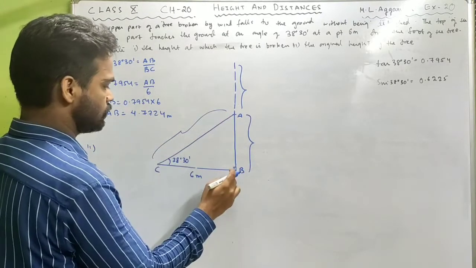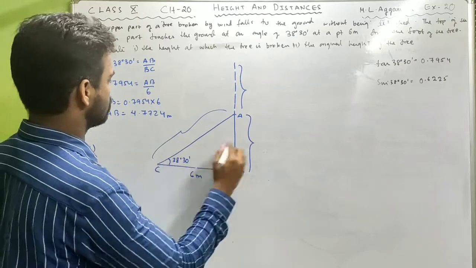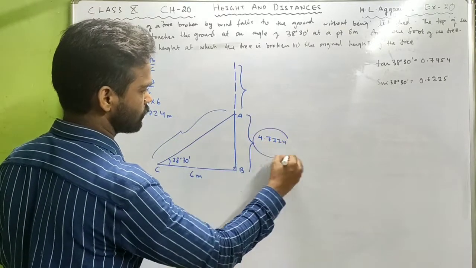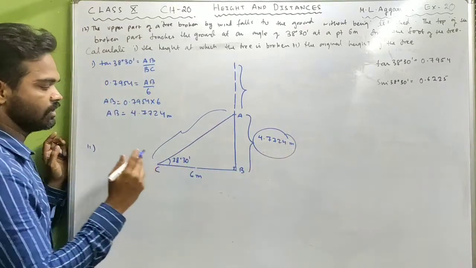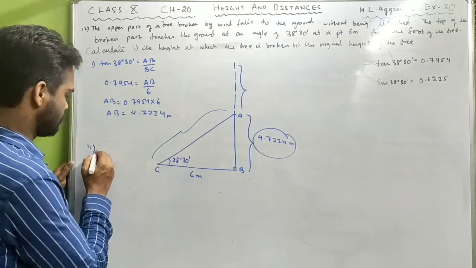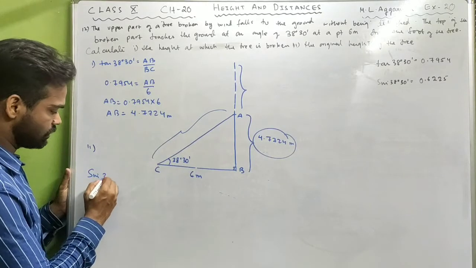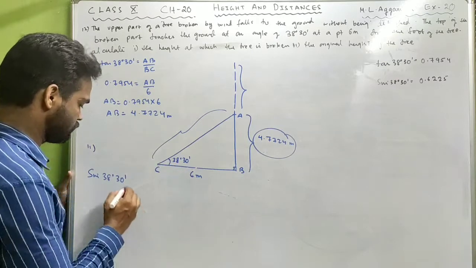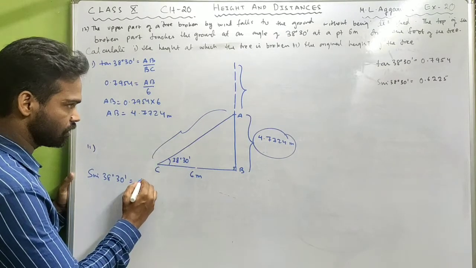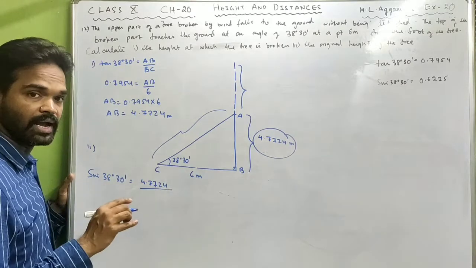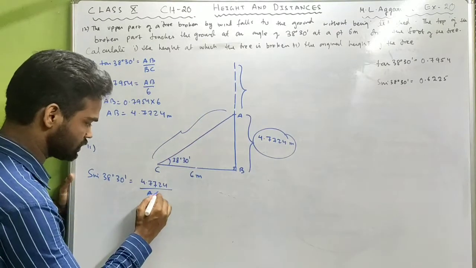Now look carefully. We know the perpendicular, that's 4.7724. Okay, we need to find the hypotenuse. So if you use sine, see, sine 38 degrees 30 minutes, you can use cos also, it's your choice. Perpendicular, that's 4.7724, by hypotenuse, that's AC.